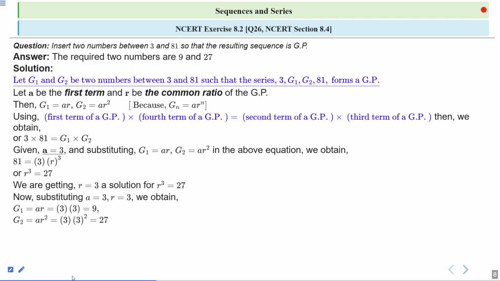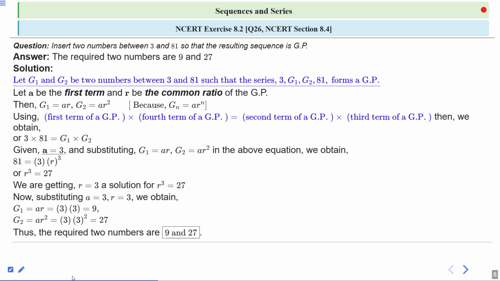Clear? And G2 is AR square. So if you substitute A is 3 and R is 3 in AR square, then you will get 3 times 3 square, that is 27. So G1 is 9 and G2 is 27.